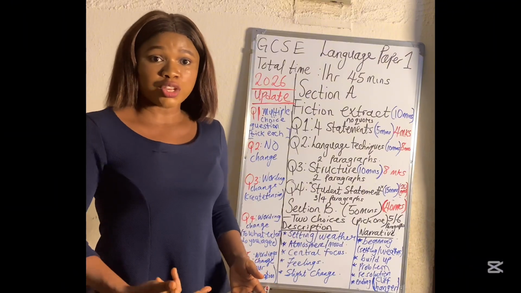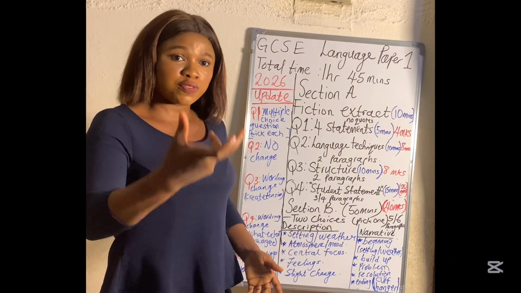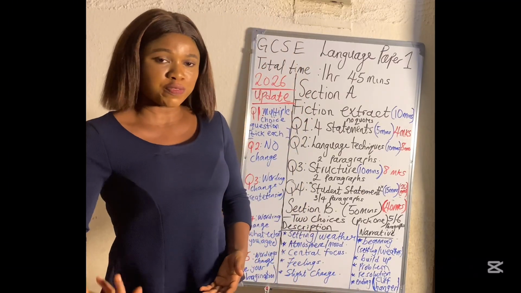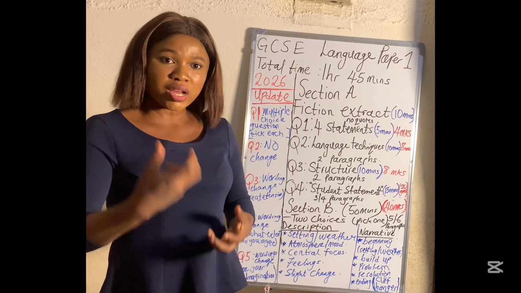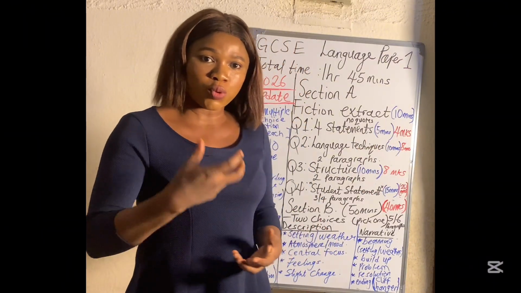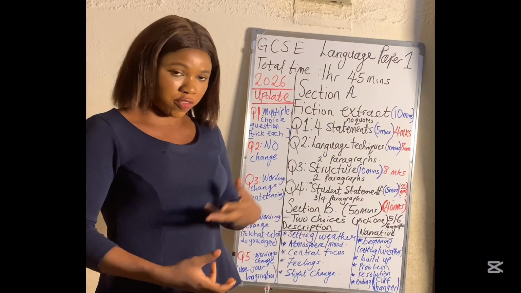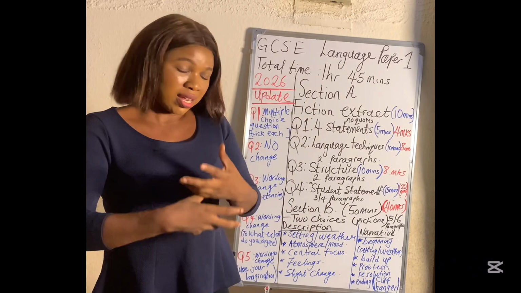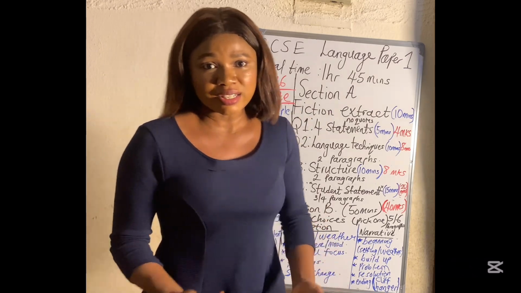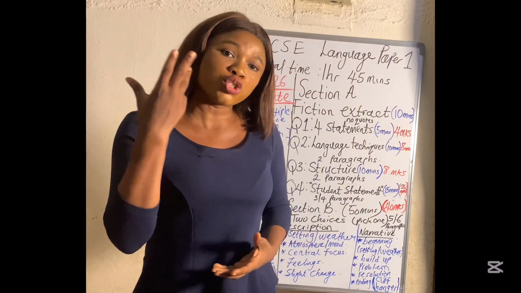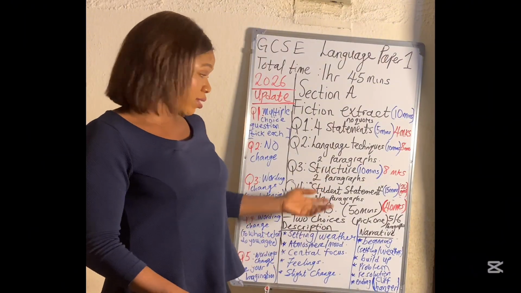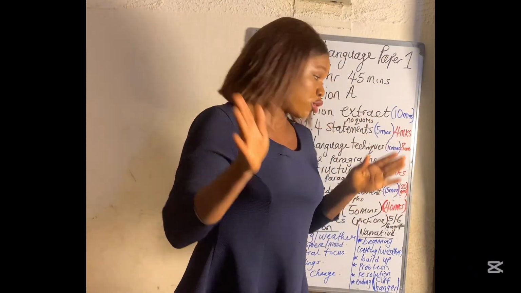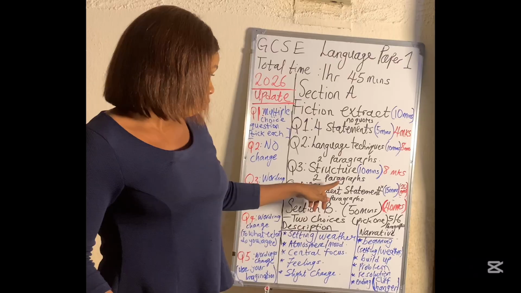So I would suggest that you look at the first paragraph of the extract, pick some things from there, and then contrast it with something from the second paragraph, and bring out the differences. What is different? What is unique about the first and the second paragraph? What has changed? Then you go to the middle, bring out some things, and at the end you tell us how it ended, and you can bring out some structural devices used by the writer. Then you write it, and you have made up your question 3 structural paragraph.